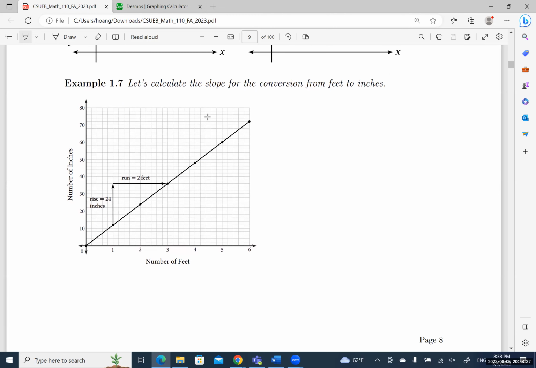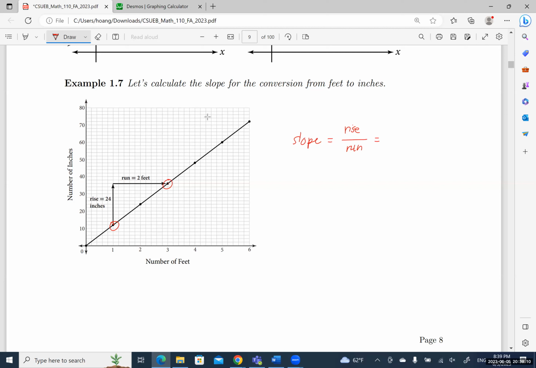Okay. So let's use the way slope will be equal to rise over run. And rise in here, you see that I come from this point to this point. Okay.